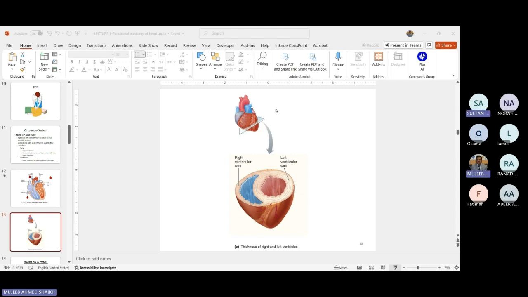The reason is the left ventricle wall becomes thick because it has to pump the blood against very high pressure and high resistance. This wall will contract to push the blood to the systemic circulation, which is a high pressure, high resistance area. That's why the thickness will become more.